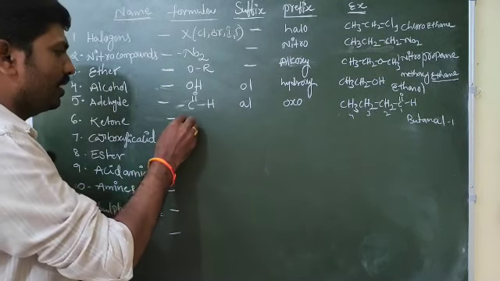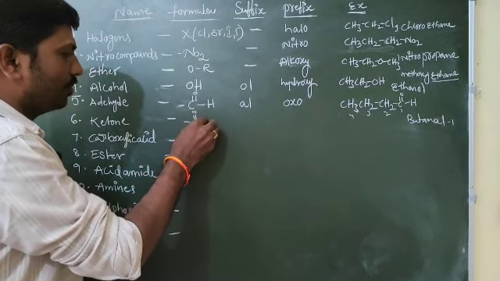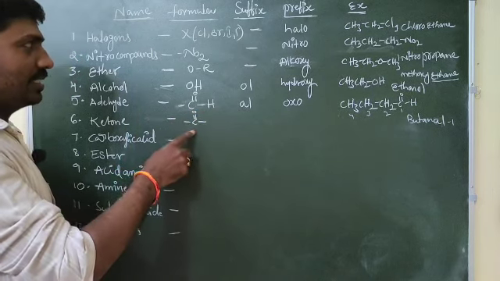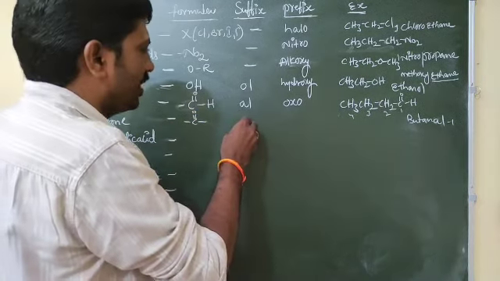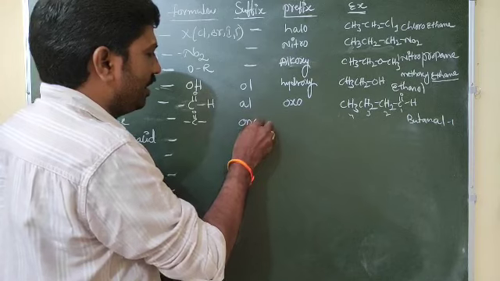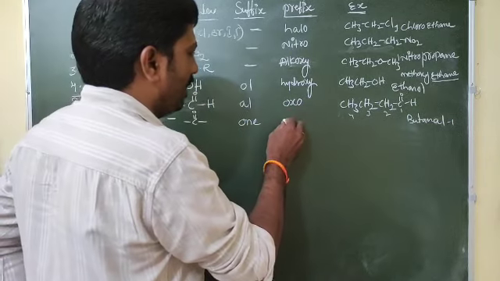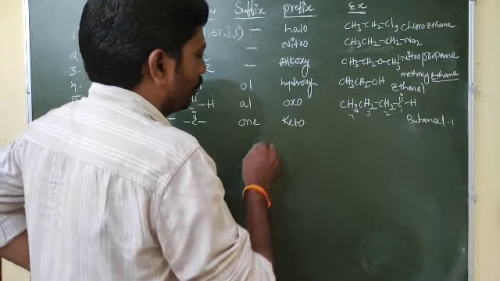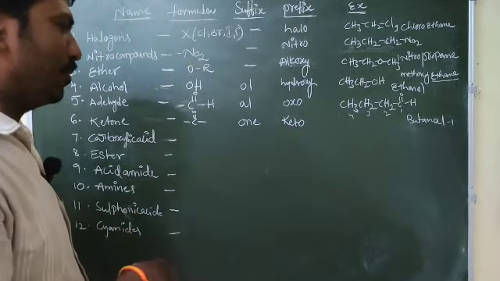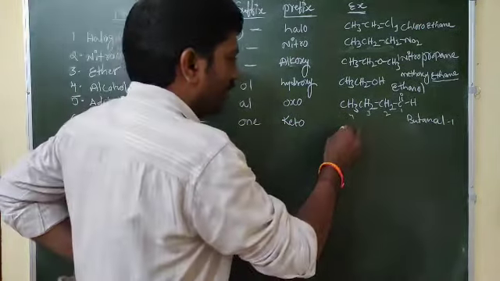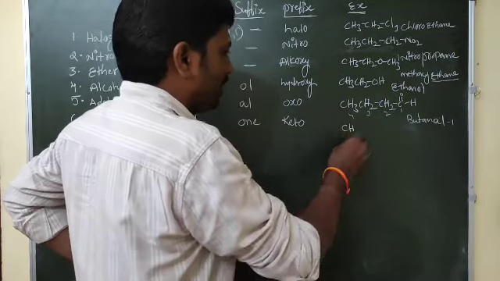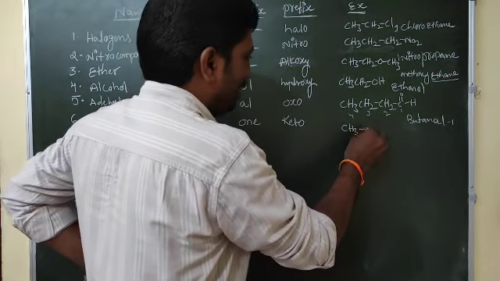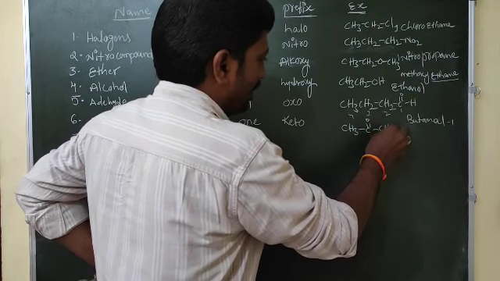Now ketone, C double bond O, like this is the ketone formula. Here the suffix is ONE, and the prefix is keto, or oxo. Example, CH3 C double bond O CH3.